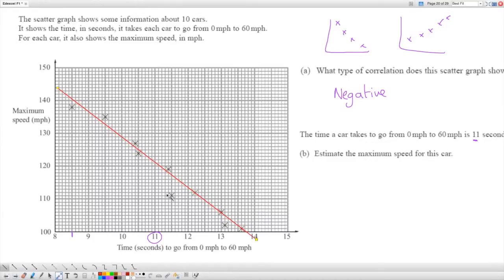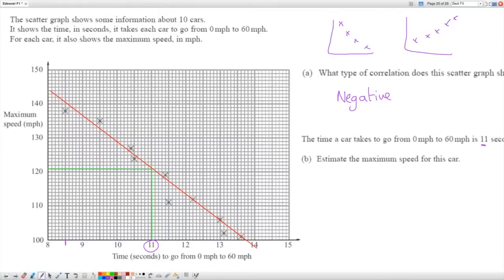Here, we've got 1, 2, 3, 4 below, and 1, 2, 3 above, and a few points on the line. So now taking your ruler again, you need to go from your 11 on your x-axis all the way up to your line of best fit, and then across here to your y-axis to read off the maximum speed. Now this will vary depending exactly where you drew your line.